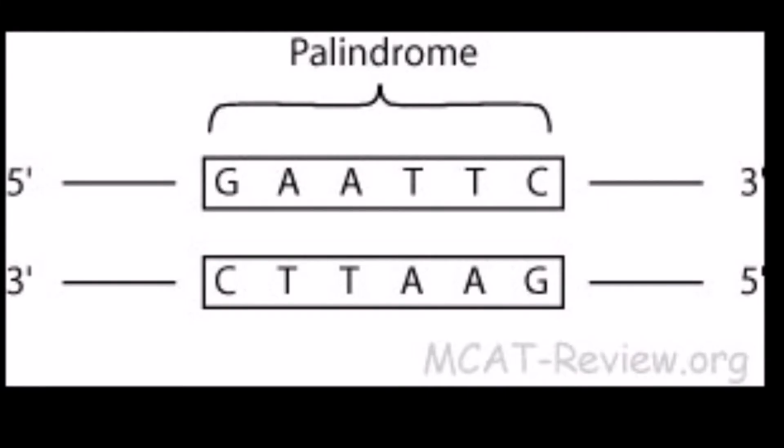What is a palindromic sequence? A palindromic sequence is a nucleic acid sequence on a double-stranded DNA or RNA, wherein reading 5' to 3' forward on one strand matches the sequence reading 5' to 3' on the complementary strand, which forms a double helix.